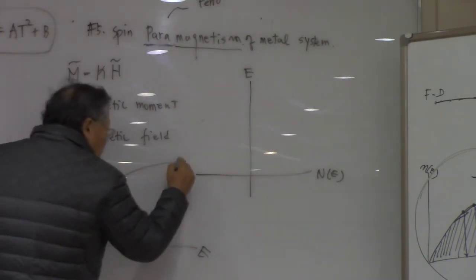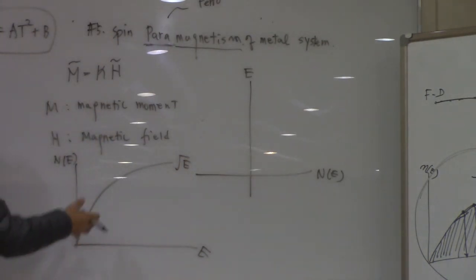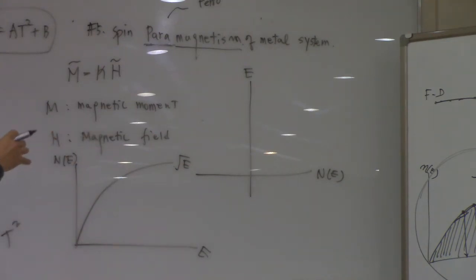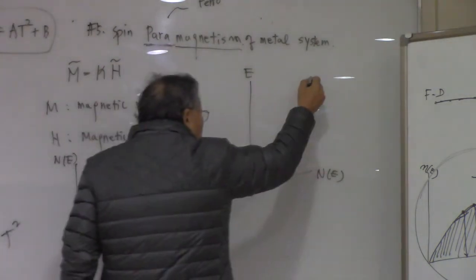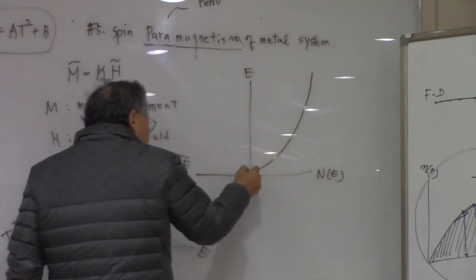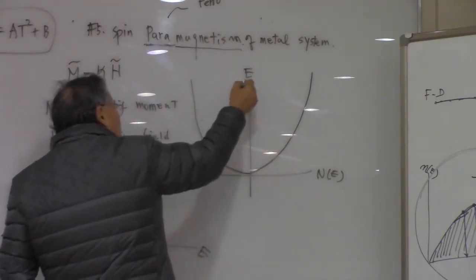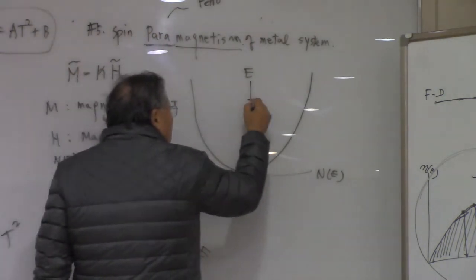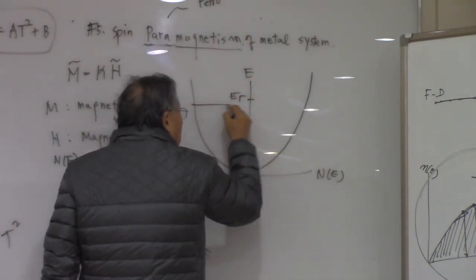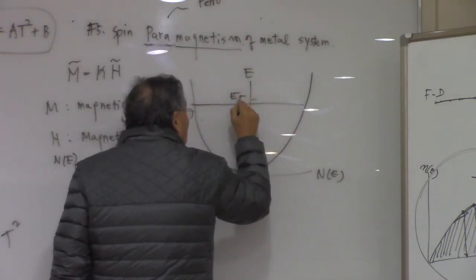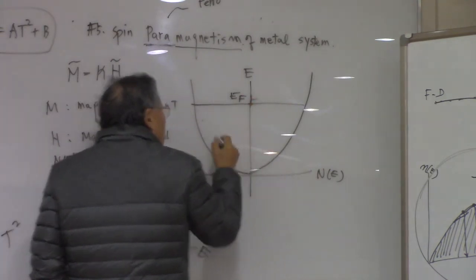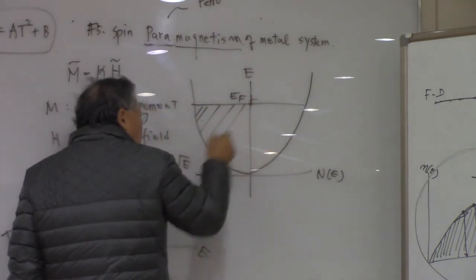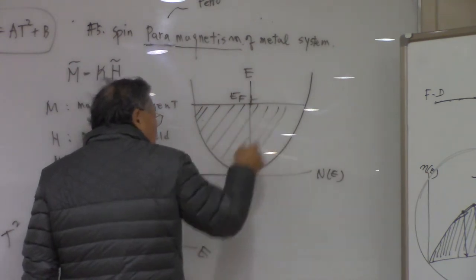Square root of E. You just tilt it 90 degrees, and then we're going to have this kind of curve, E versus N(E), okay? You just change the X and Y axes. And if this is the Fermi energy, then the free electrons are going to be filled up to here, just like that.